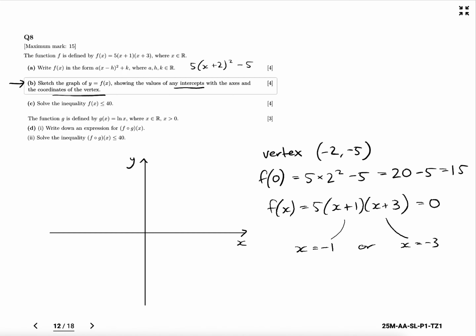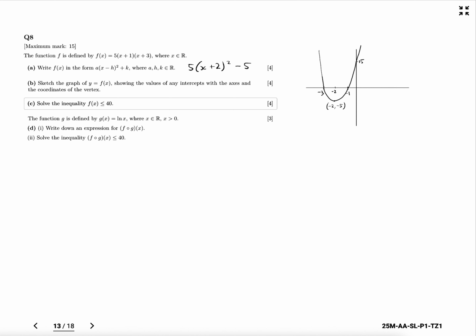So now let's try to sketch it. So we're going to have minus 1 crossing, and minus 3. And we're going to have a vertex down here, and then a y-intercept up there. So let's draw the quadratic. And the vertex is at minus 2, minus 5, and the y-intercept at 15.